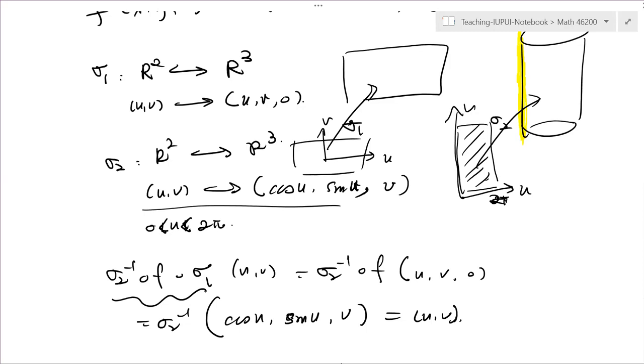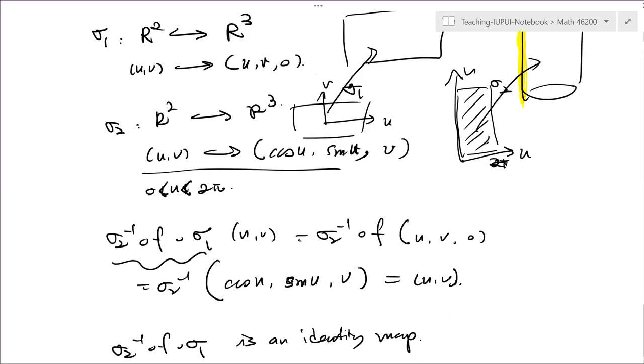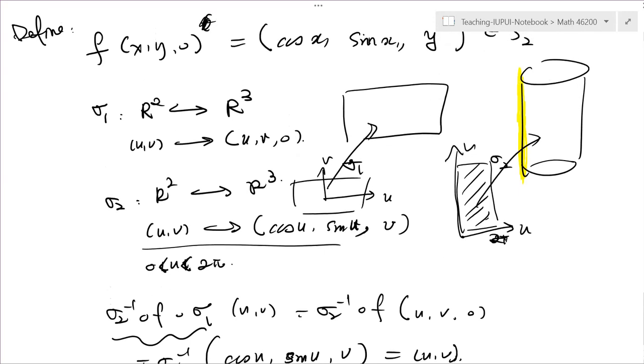So in order to prove smoothness, this is not the complete proof yet, and you have to define another one to cover this vertical line in 3-dimensional space. Not the z-axis, the line through the point 1, 0, 0.